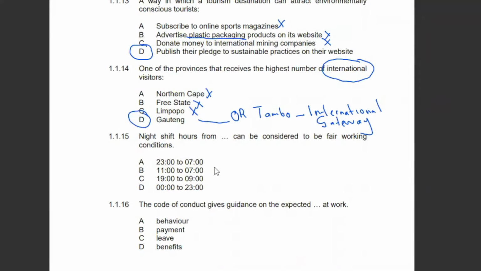This topic actually falls under the basic conditions of employment.